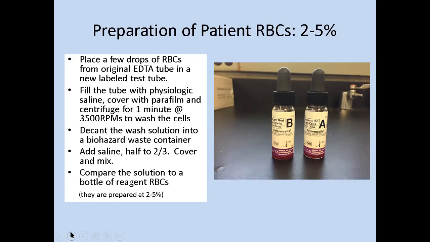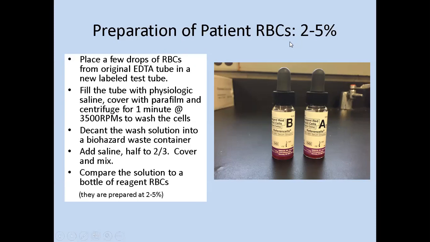If you had a chance to listen to some of the lectures, you know about the precipitation curve, how we're going to be able to visualize agglutination in that zone of equivalence. So preparing red cells to 2 to 5% is optimal for our tube testing.